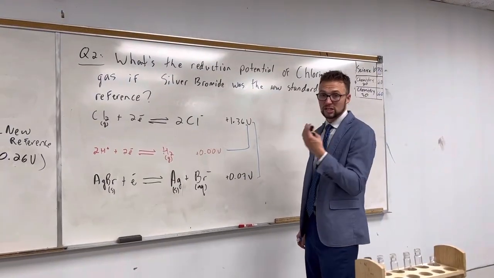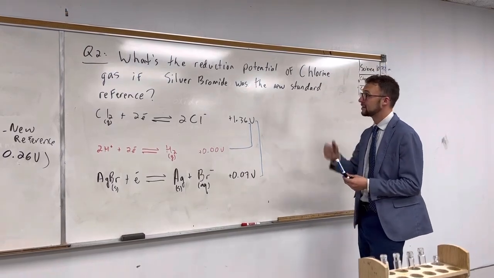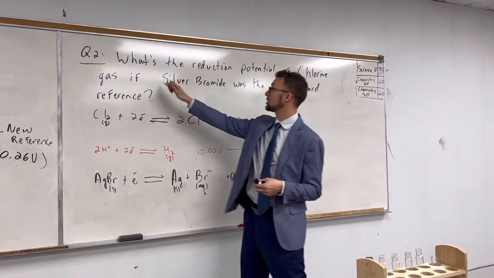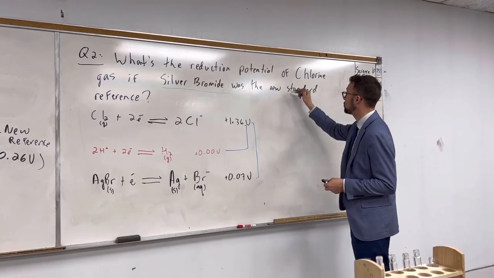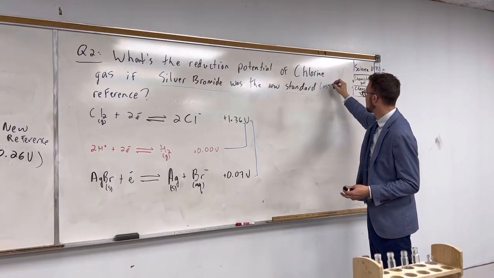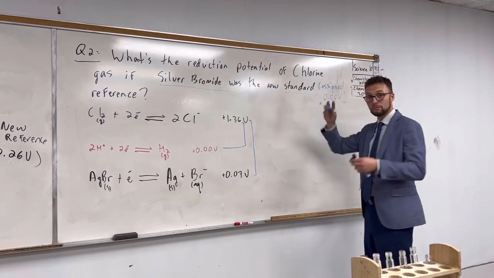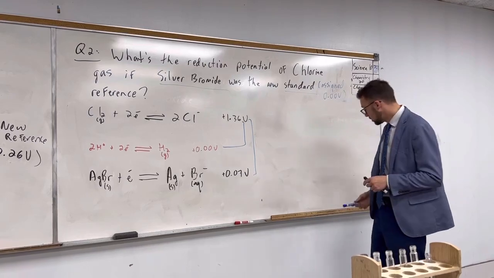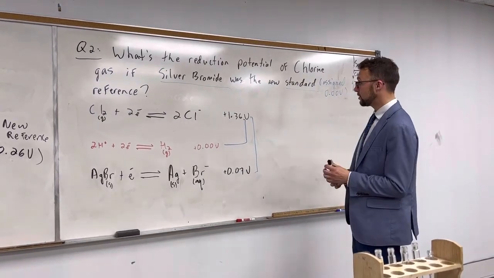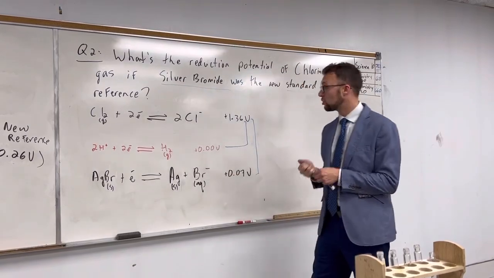For our second question, same process here. What's the reduction potential of chlorine gas if silver bromide was the new standard reference? When we say the new standard reference, that is equivalent to saying assigned a value of 0.00. So you're moving the hydrogen reference. What you do have to know is what silver bromide is.